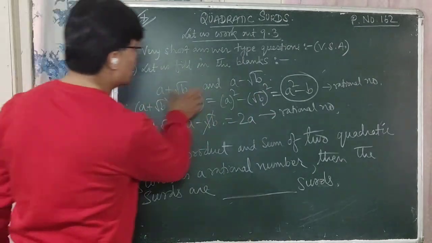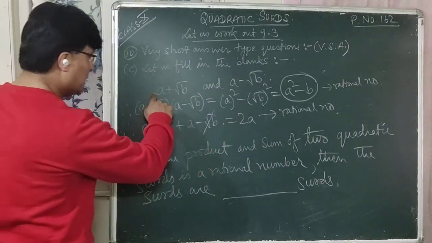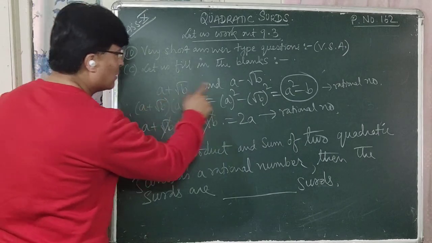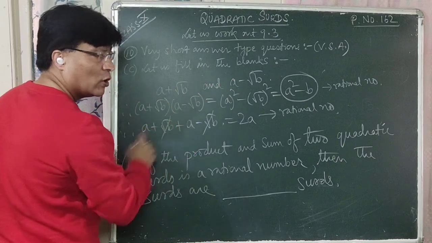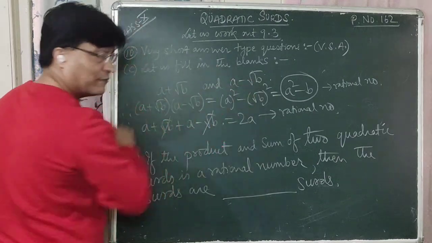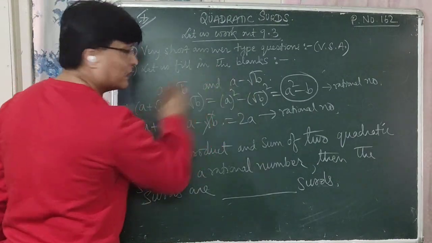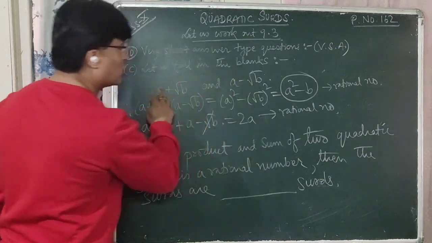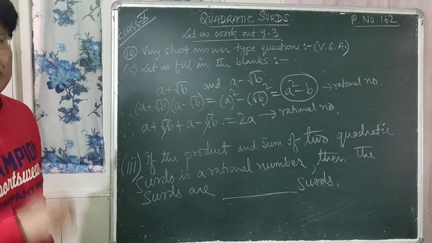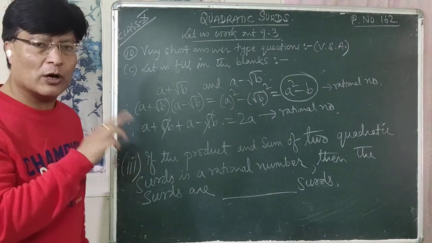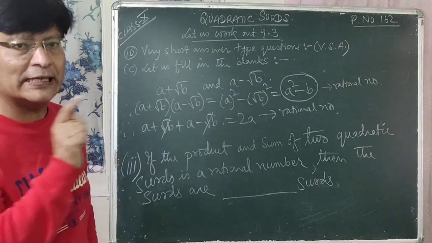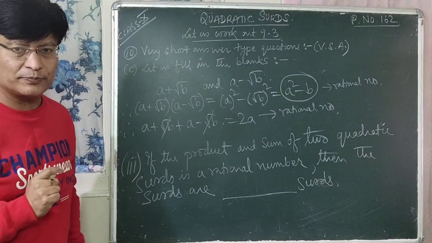So these two surds are known as what? Here the rational parts are the same, a. Only the irrational parts are different. If it is plus, this is minus. So these two surds are known as conjugate surds. I just told you about this conjugate surd in question number 2 just now.